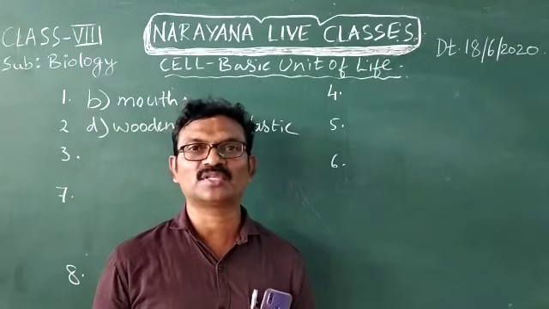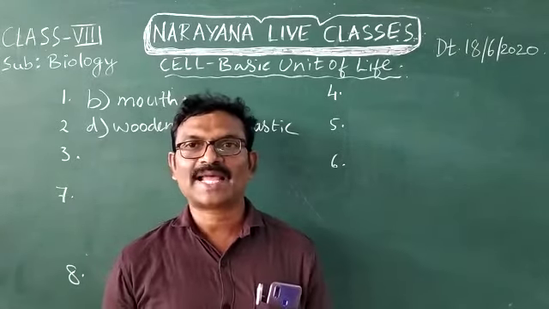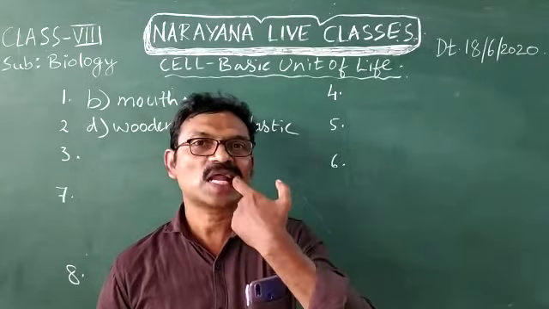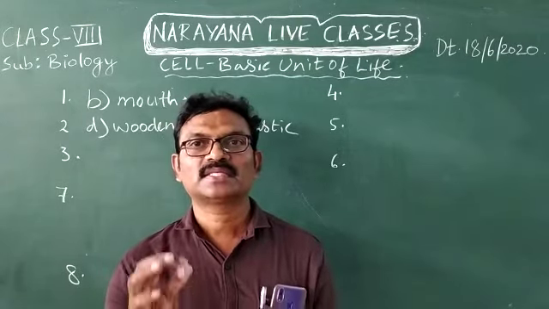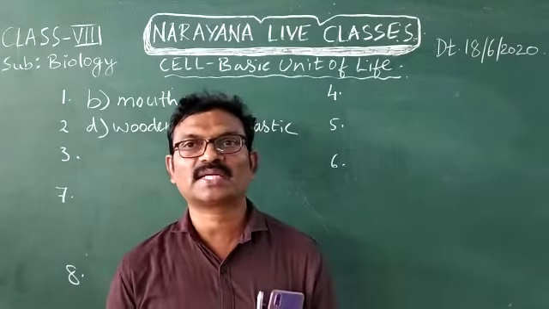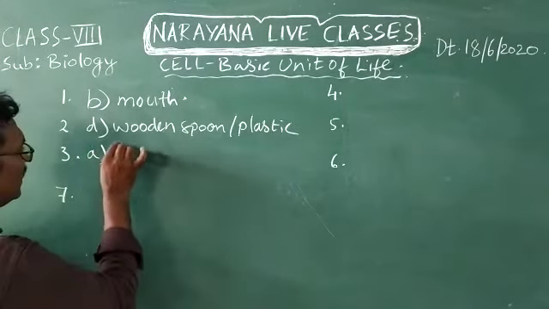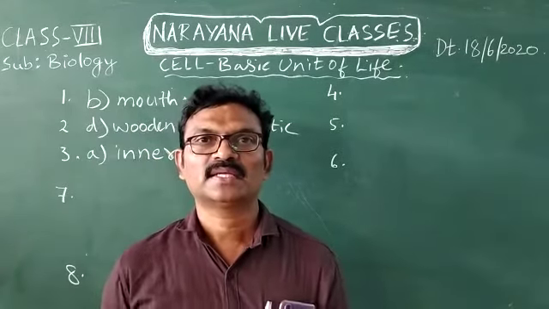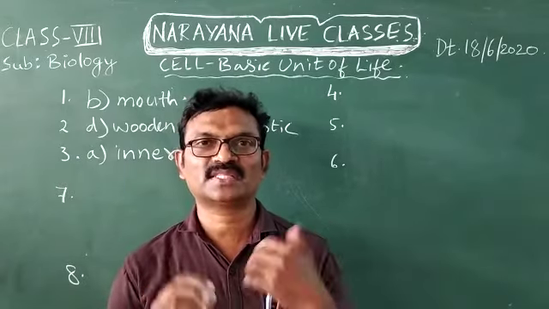Now let us see the third question. To collect the cheek cells, scrap the dash surface of your cheek. Inner surface should be scrapped. So correct option is A, A for inner. So to collect the cheek cells, scrap the inner surface.